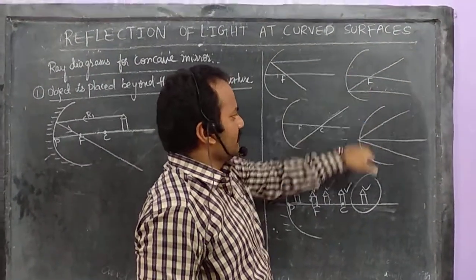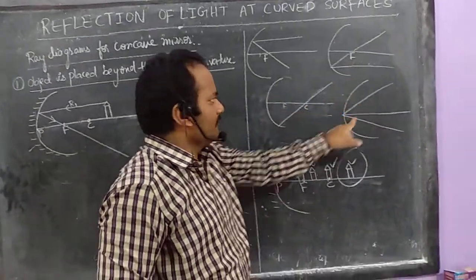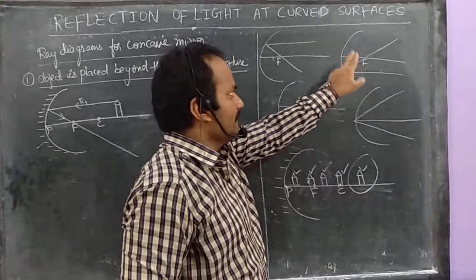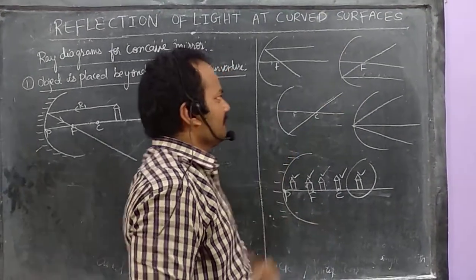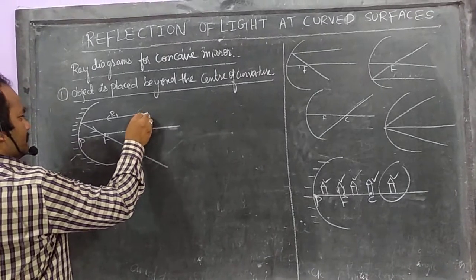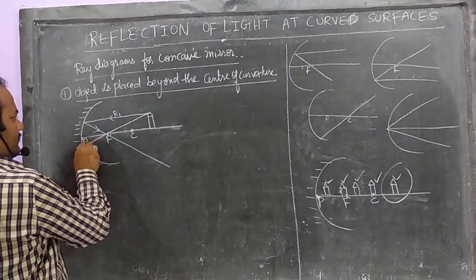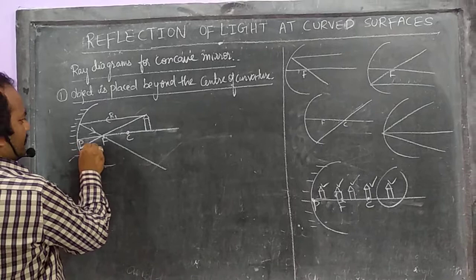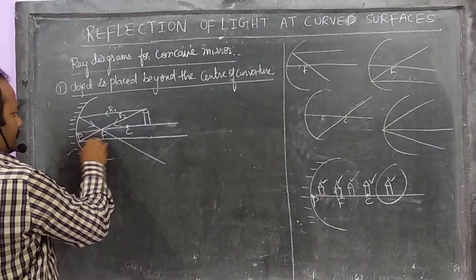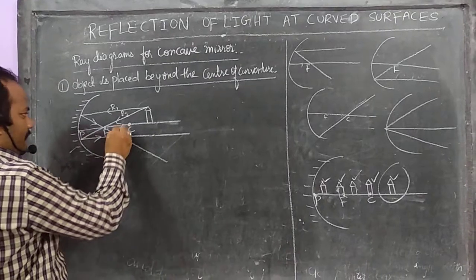I should apply any 2 rules because where the 2 reflected rays meet, where we get the intersection, there only we should draw the image. Yes, now I can go with rule 2. The incident ray passes through the focus and the reflected ray is parallel to the principal axis. Yes, I got the image here.